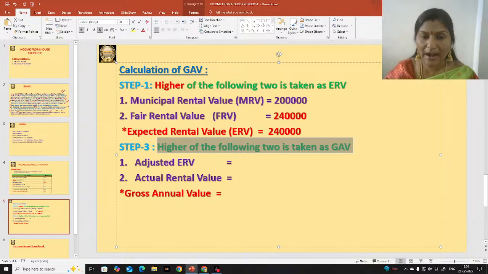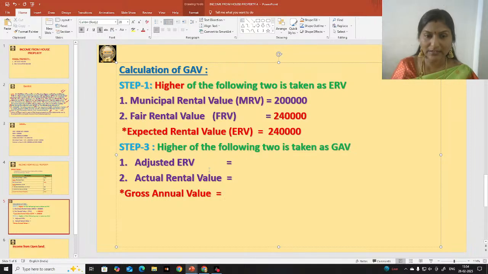Here adjusted ERV we get from the second step. We did not do the second step, so we don't have adjusted ERV. Then in the third step we should take the previous step's answer. We don't have a second step, so we will take the first step answer here. What is that? It is nothing but expected rental value.